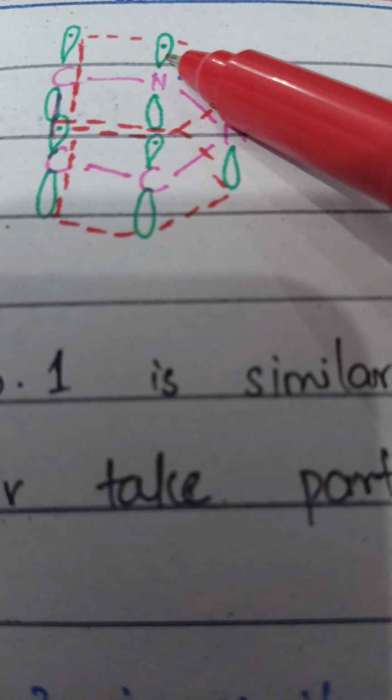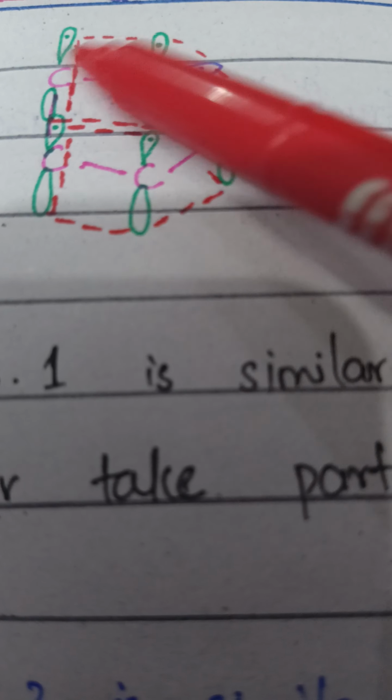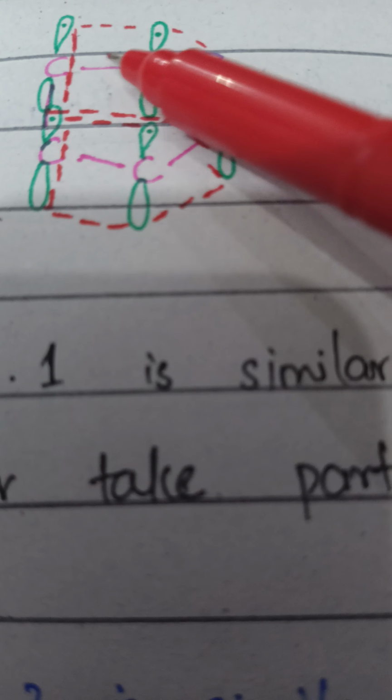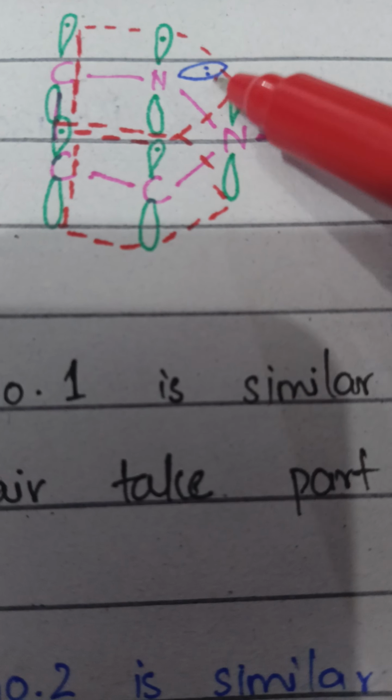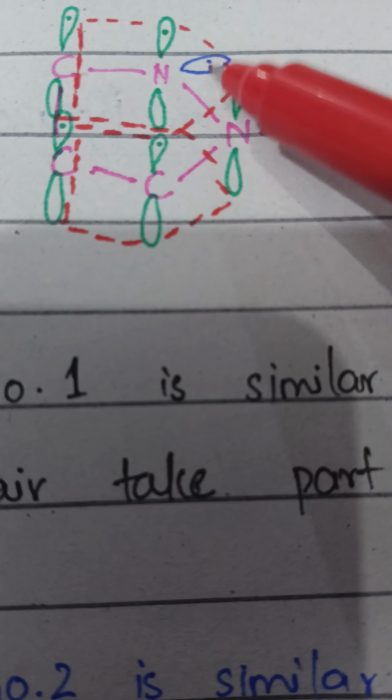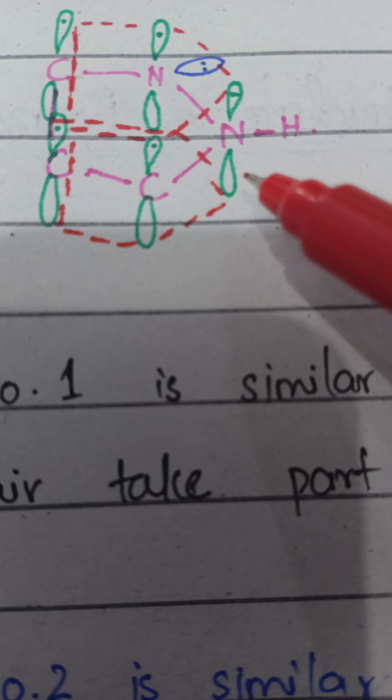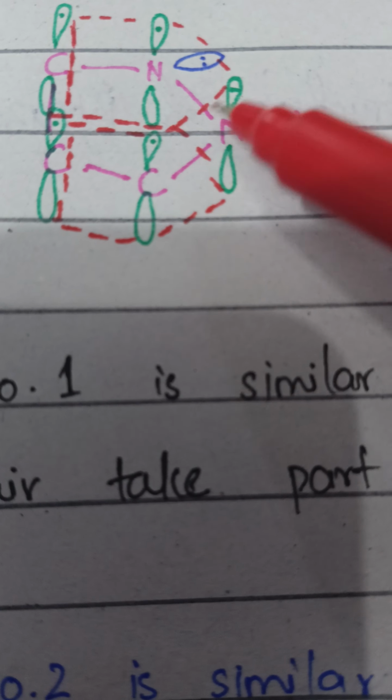This nitrogen atom has one electron involved in the molecular orbital, but its lone pair is free. Its lone pair does not take part in the molecular orbital, but nitrogen number 1's lone pair takes part in the molecular orbital.